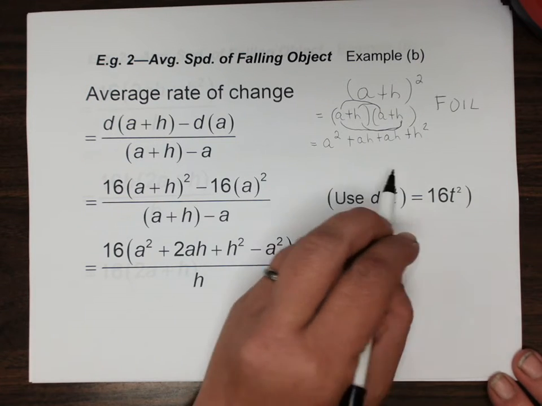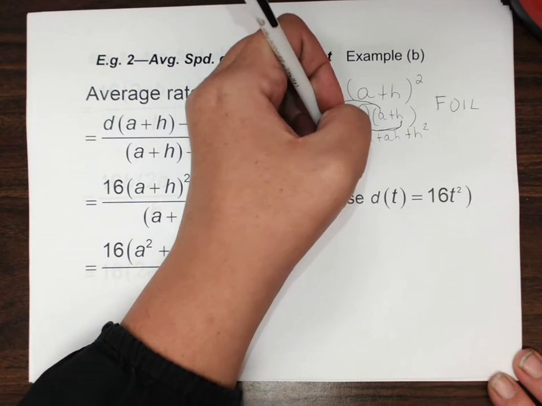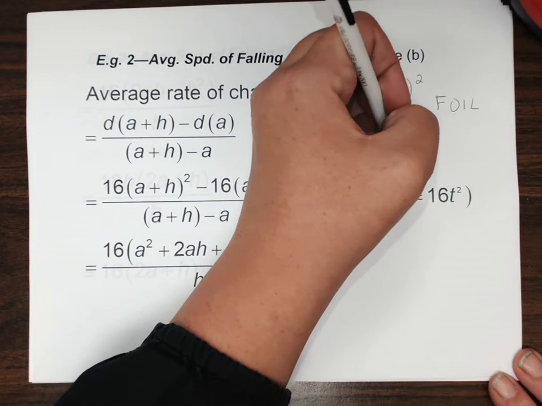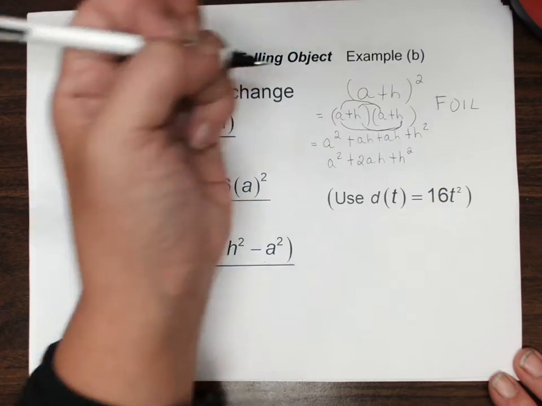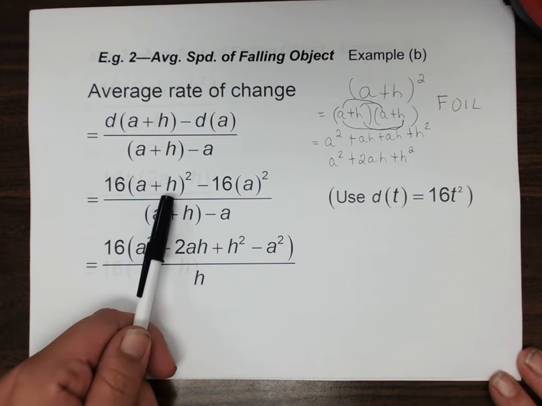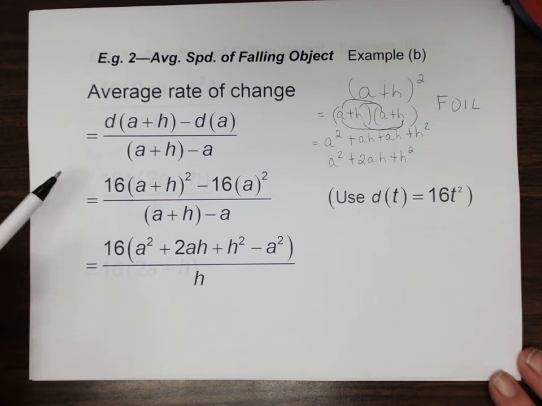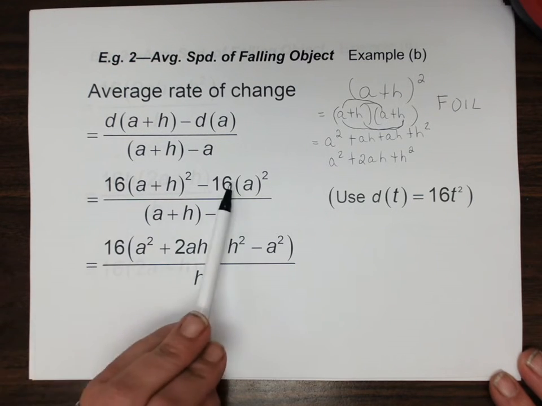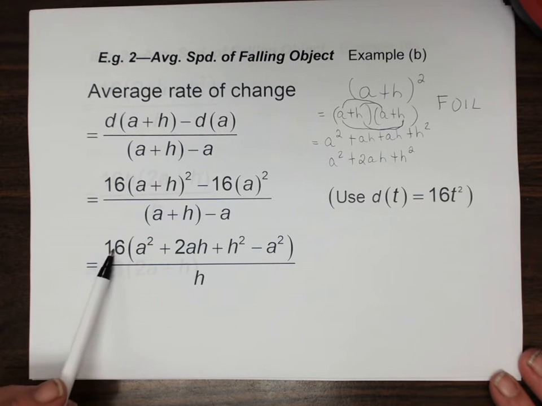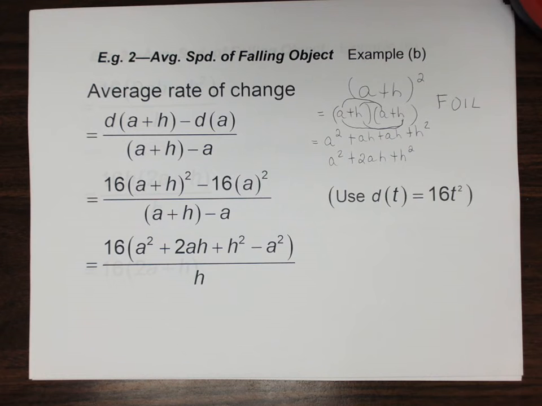That can be simplified a little bit, right? We can combine the ah's, so a squared plus 2ah plus h squared. This is what we've got from calculating a plus h squared. Now, because we have two 16s, a 16 and a 16, we're able to pull those out in front and just basically factor that 16 out.